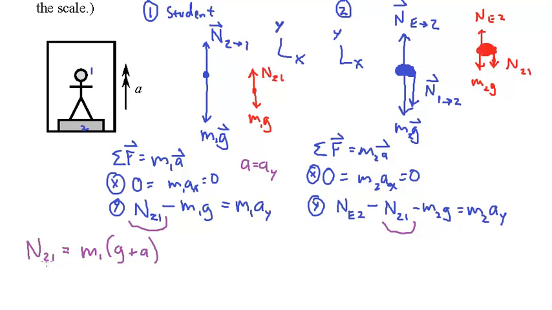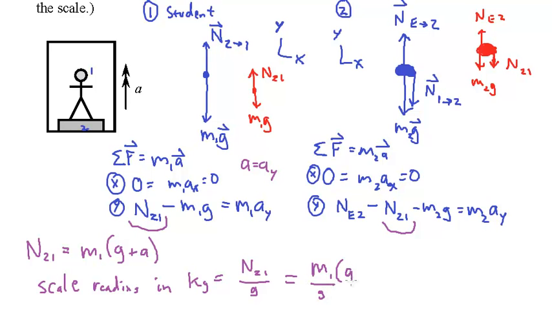So if you want to see what the scale is going to read, N21 equals, from this equation, and we're given A: the elevator is accelerating upward with acceleration A. So that's going to equal M1 times (G plus A). Here A equals AY. So this is what the scale is going to read in newtons.